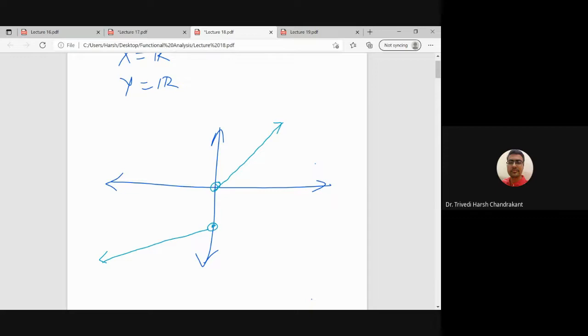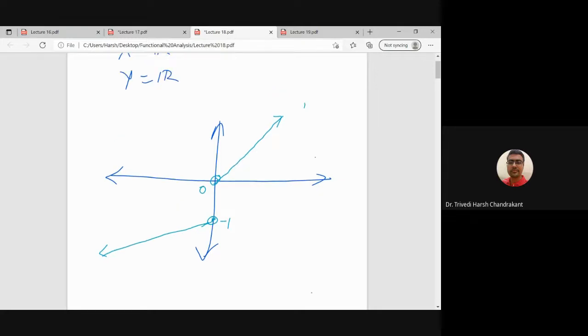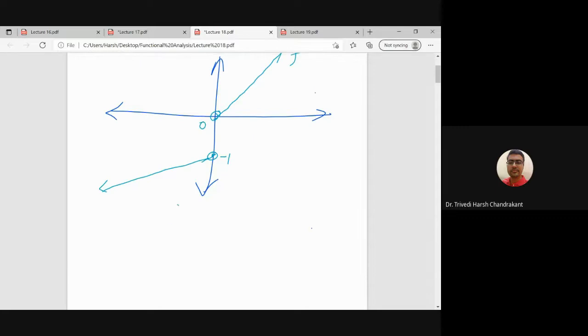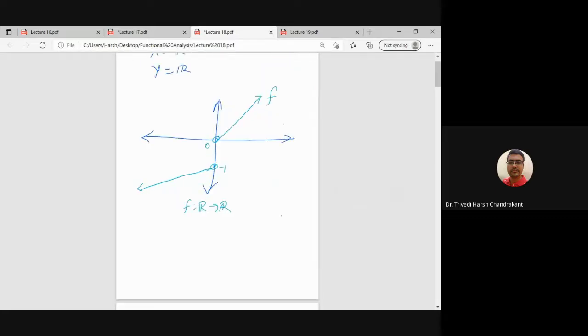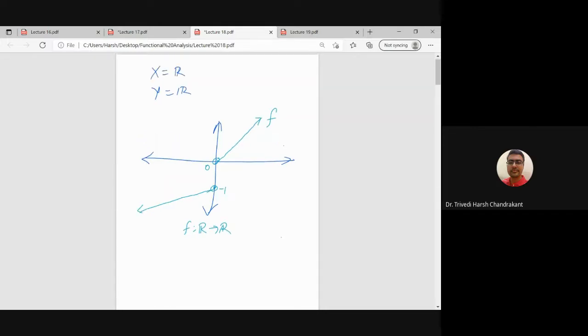At 0 the value is -1. So if we take this function, then f is a function from R to R. Is f a linear function?